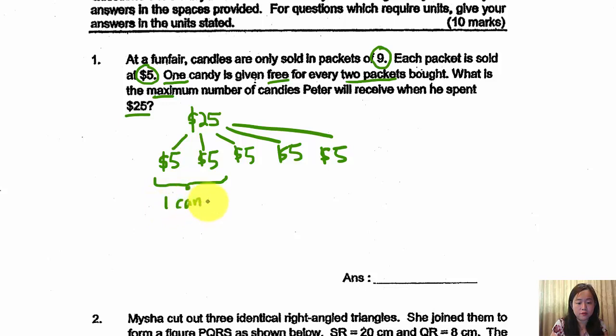So that means here, you also have one candy free. And in every packet, there are 9 candies. So all these packets will have 9 each. So how many maximum candies can Peter get?